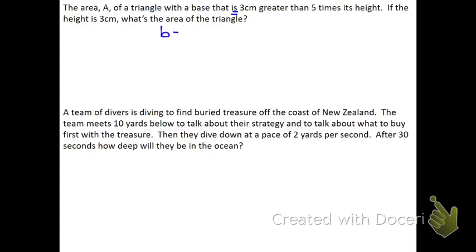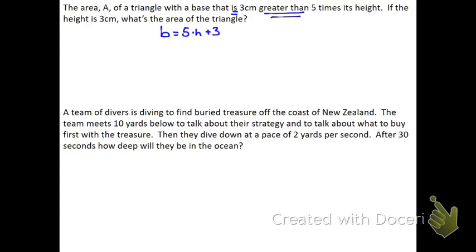So what's the base when it is greater than 5 times its height? Greater than, again, we want to take a look at switching the numbers that are next to it. So our equation is going to be B equals 5 times H plus those 3 centimeters.